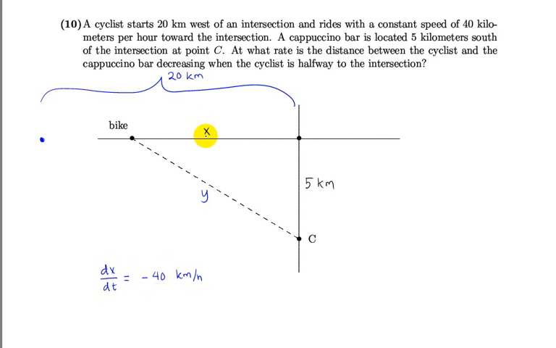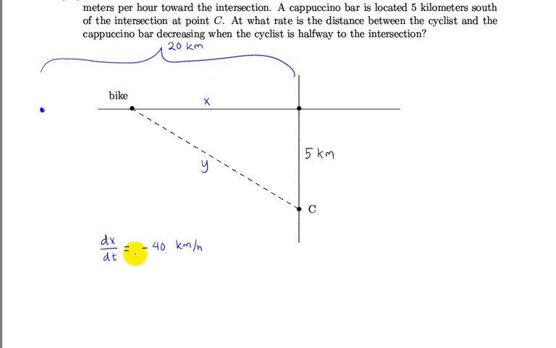Okay, so x is measuring the distance between the bike and the intersection. As the time passes, the distance between the bike and the intersection point is getting shorter. So that tells us that the rate must be negative because x is decreasing. So that is the given information.